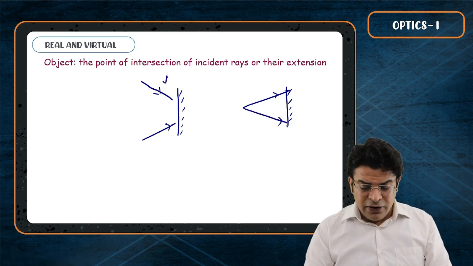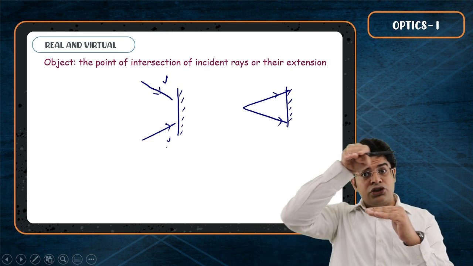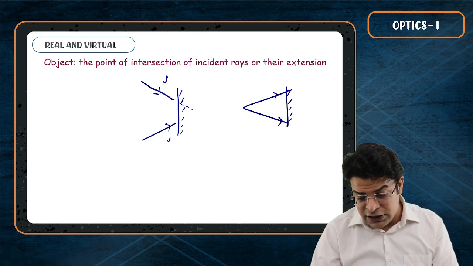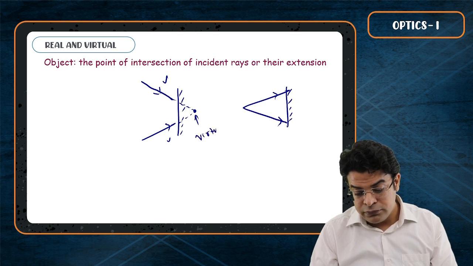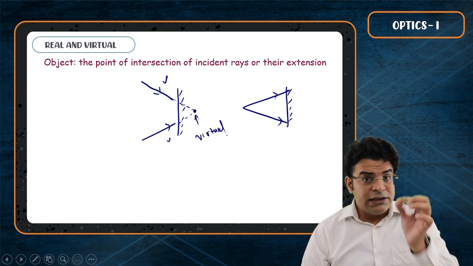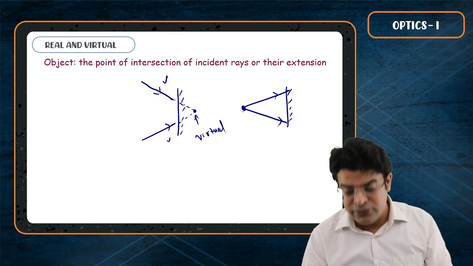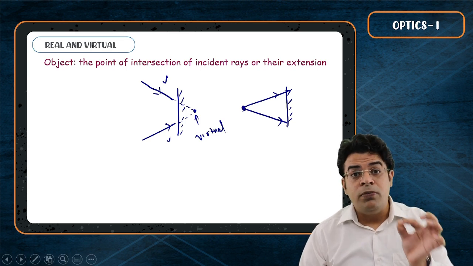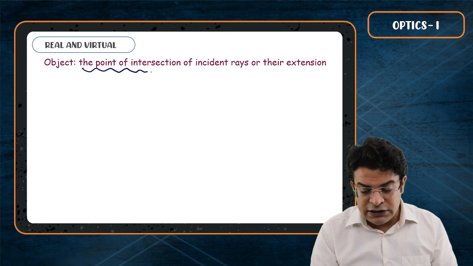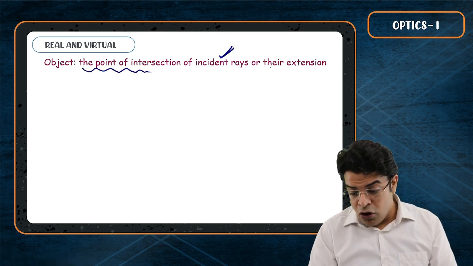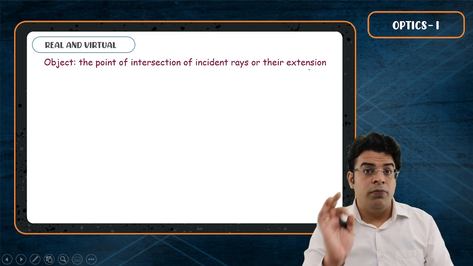If the incident rays do not actually intersect, but their extensions intersect, you say that the object is virtual. If the incident rays actually intersect at a point, you say that the object is real. So the point of intersection of incident rays or their extension is called object.